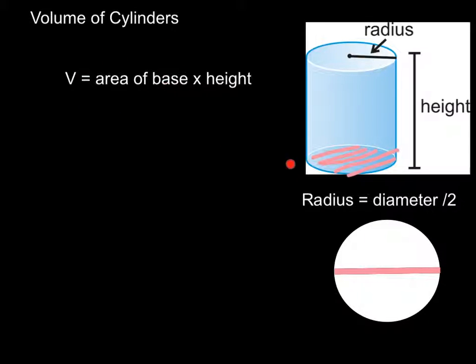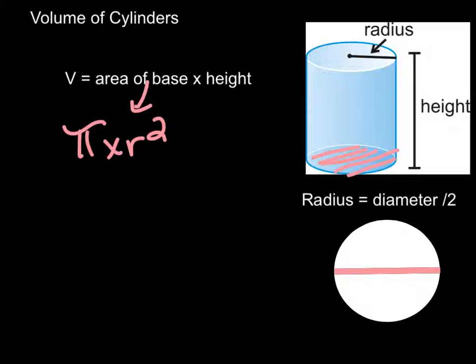Right, so how do we find the area of the base of a circle? If you remember from your area unit, the area of a circle is pi times r squared.